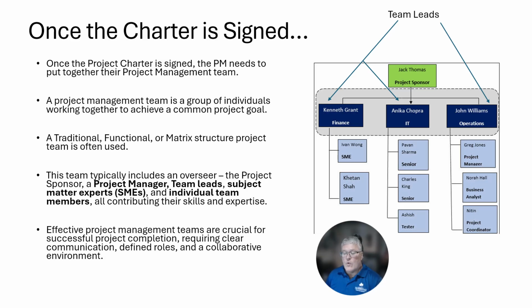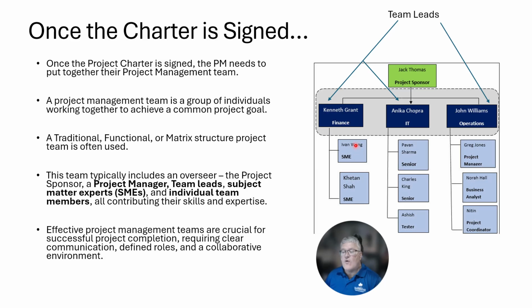Over here on the right side of the screen, I provide an example of a matrix structure. So we have a project sponsor. Who is this? The guy's name's Jack Thomas, whoever that is. Okay, I lifted this off the internet, it was from a project management website, and it seemed appropriate. So we have three areas that are involved with this project. You have somebody from finance. Guy's name's Kenneth Grant.